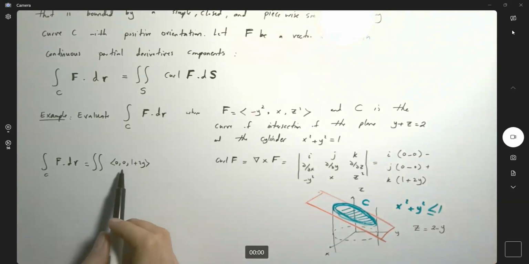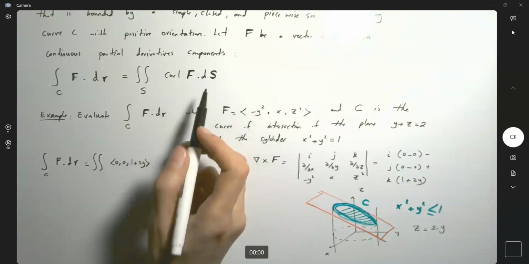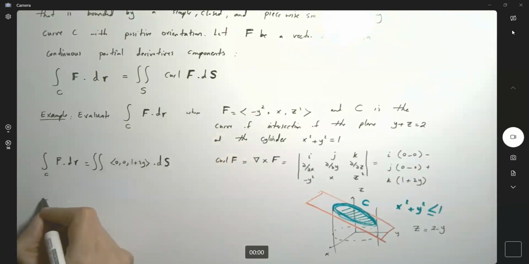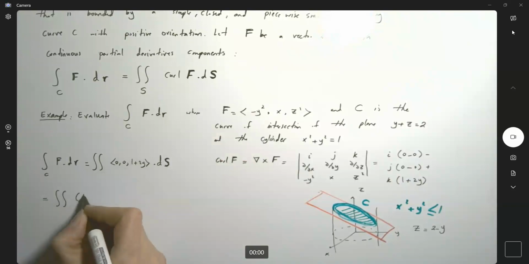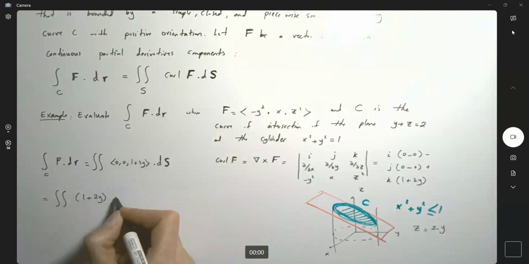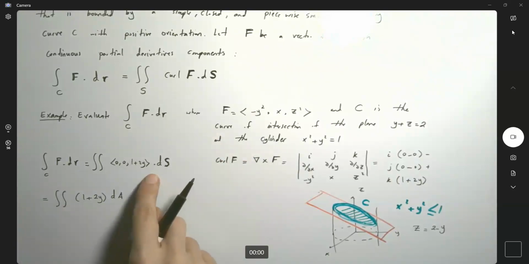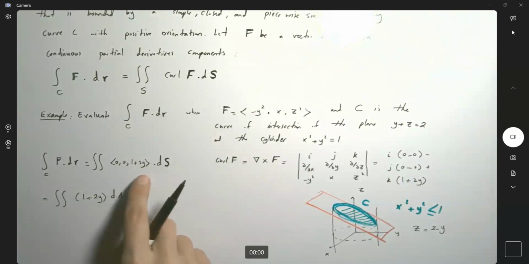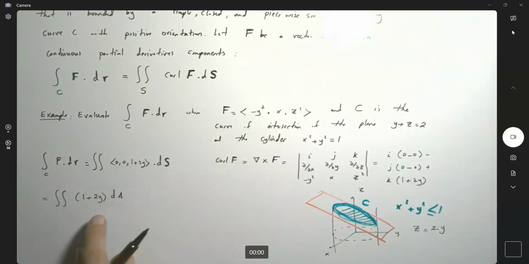So finally, you can take this object dot dS, as you saw before, and this becomes the double integral of just 1 plus 2y dA. The way that we define dS and then doing the dot product between these two just results in 1 plus 2y dA.